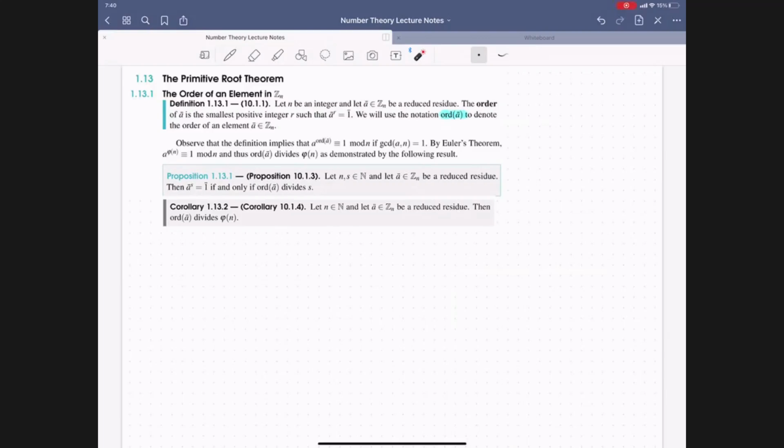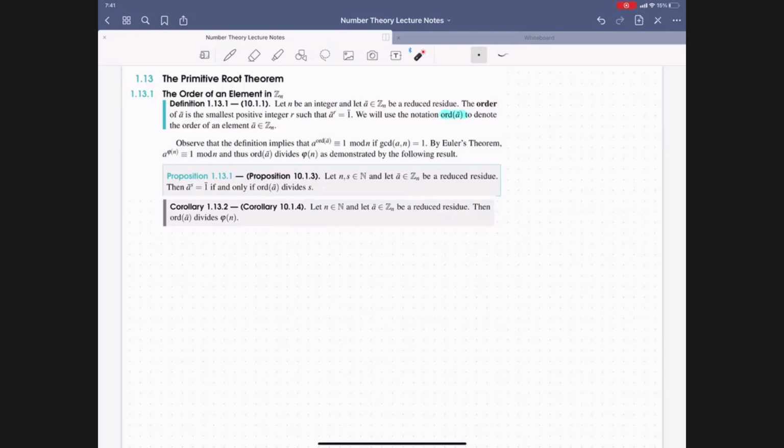So in the case of Euler's theorem, we know that a to the phi of n is congruent to 1 mod n. That gives us an upper bound for what the order can be, but it can be smaller. So that's where we are going to be proving what the conditions on the order are.